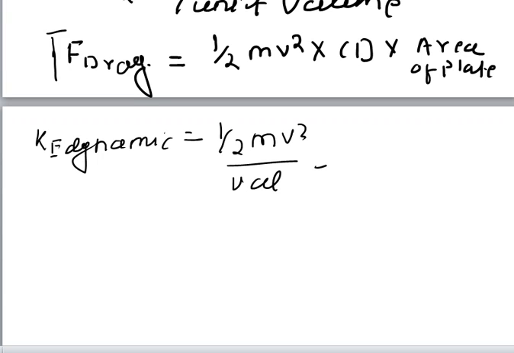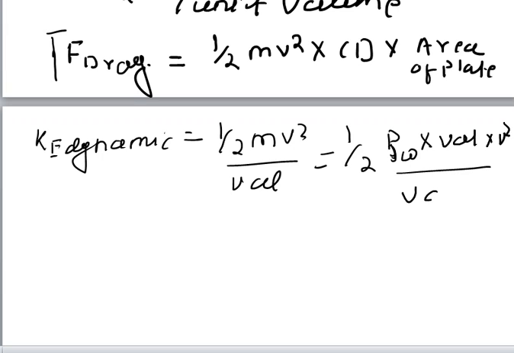Now if you expand, you know what m is? m can be written as rho of the liquid, here water, times volume, into v square over volume.